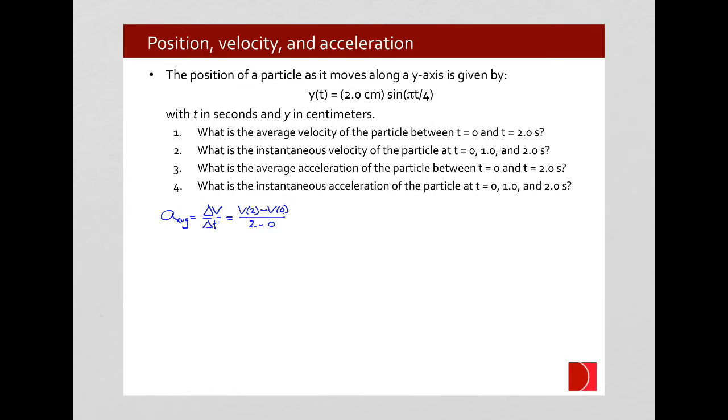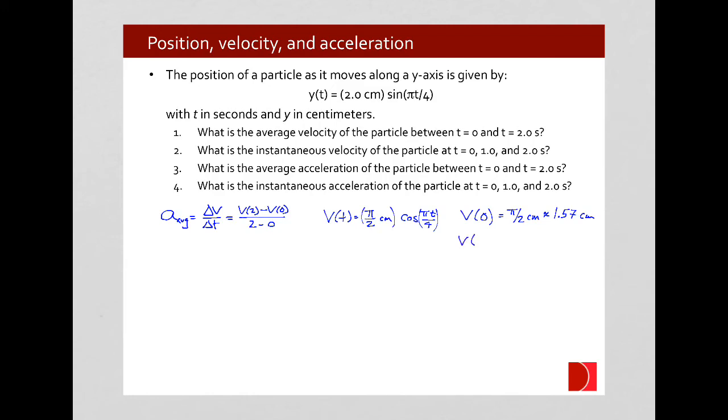We found before that the velocity as a function of time is pi over 2 centimeters times cosine of pi t over 4. We found that v of 0 is pi over 2 centimeters, which is approximately 1.57 centimeters.